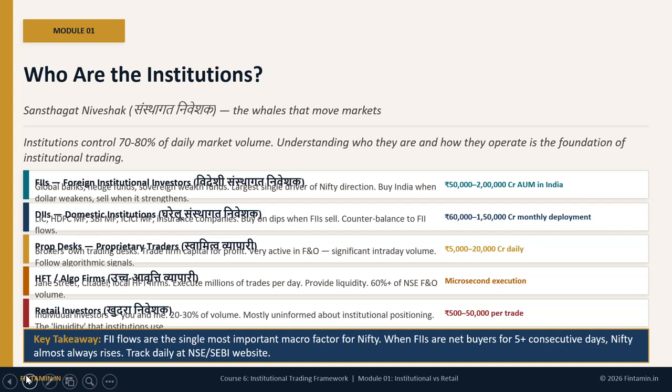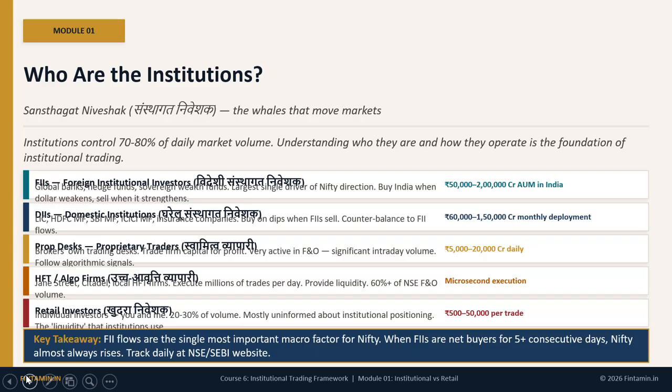This DII cushion is why India's markets have become much more resilient to FII selling over the last decade. Third is proprietary trading desks, brokers trading firm capital. Very active in F&O, especially intraday and weekly expiry options.